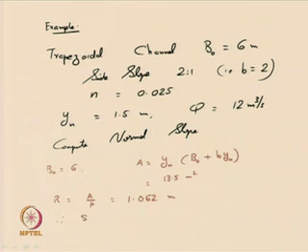Therefore, your bed slope S 0 is equal to (Q n by A R to the power of 2 by 3) whole square.